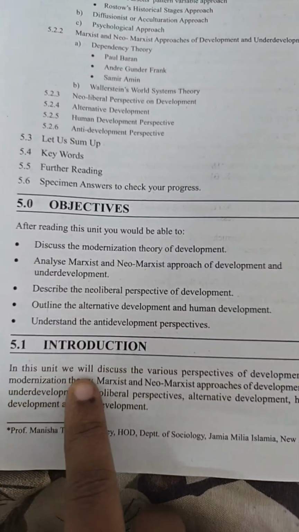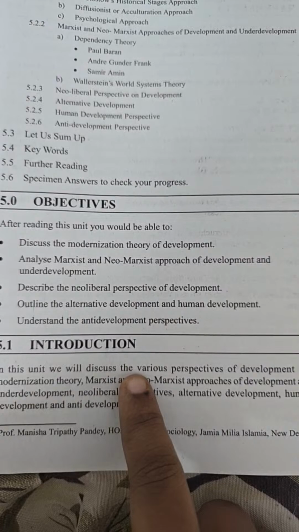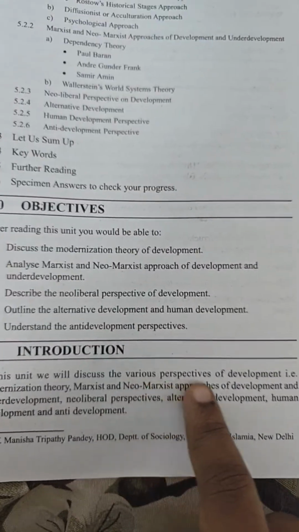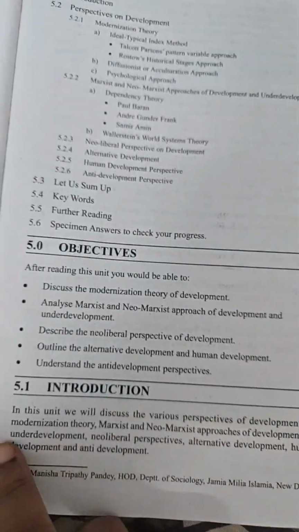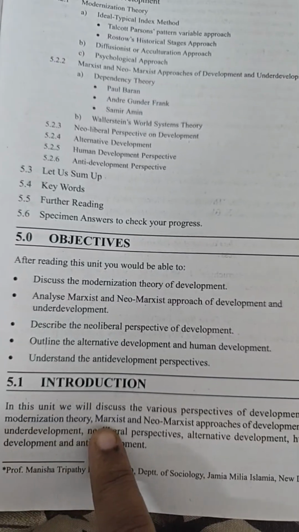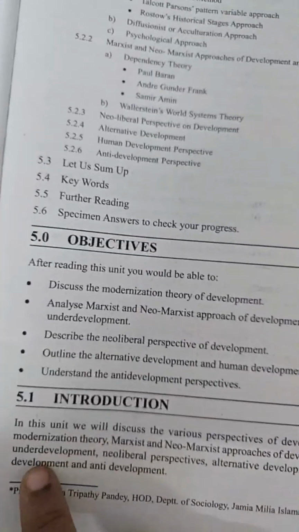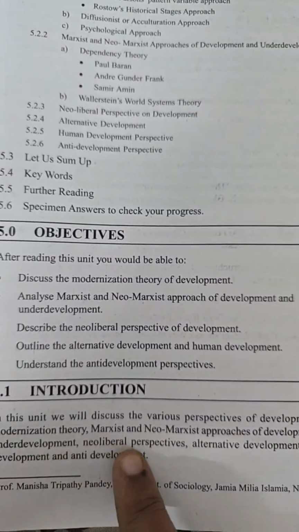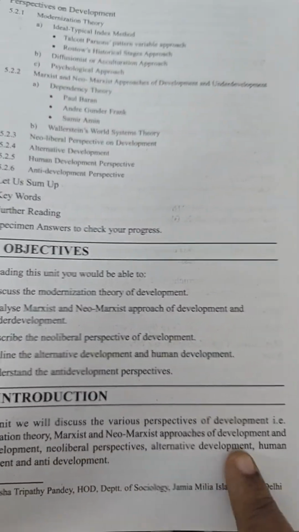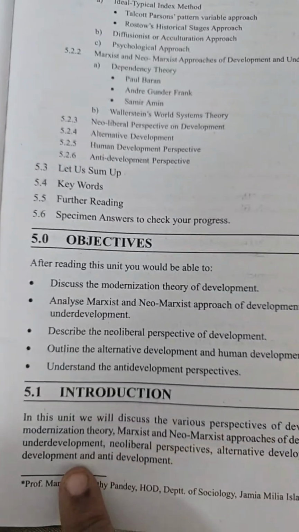Introduction. In this unit, we will discuss the various perspectives on development: modernization theory, Marxist and neo-Marxist approach to development and underdevelopment, neoliberal perspectives, alternative development, human development, and anti-development.